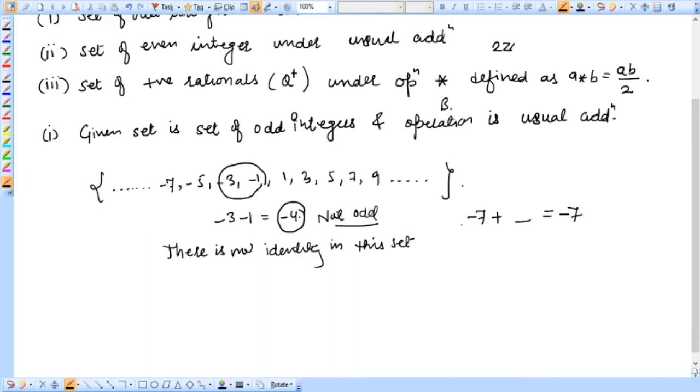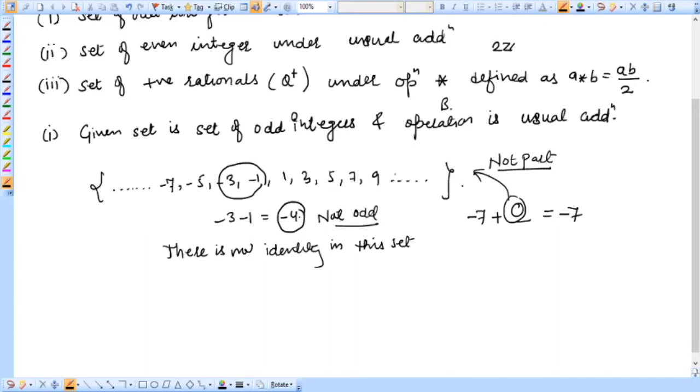Obviously this number was 0, but 0 is not part of this set of odd integers. 0 is not an odd integer, therefore it is not included. Therefore there is no identity in this set, right?